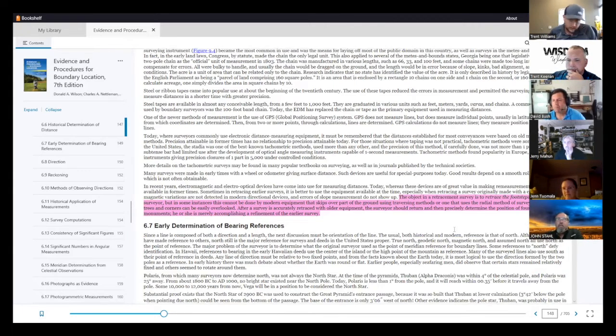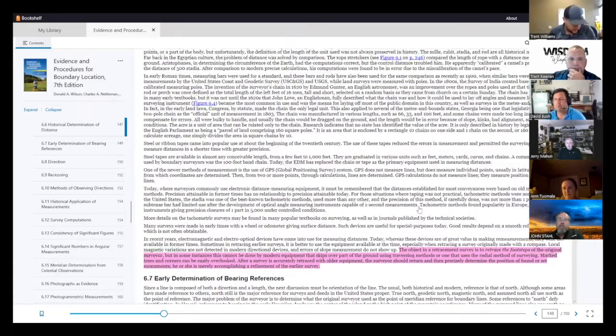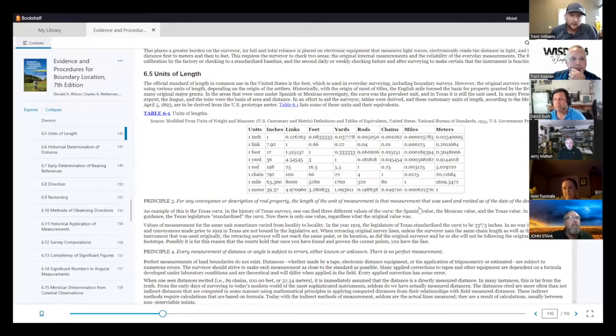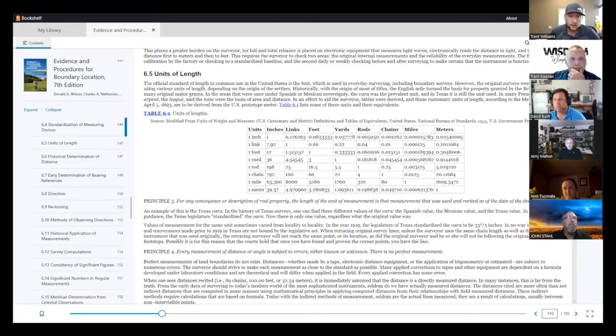Let's jump back a little bit. 6.5, units of measurement. Let's go through some of these, and maybe we can have some fun sharing other ones we found. The official standard of length common in the United States is the foot, which is used in everyday surveying, including boundary surveys. Some states have enacted laws that the international foot is the standard unit of measurement for that state.